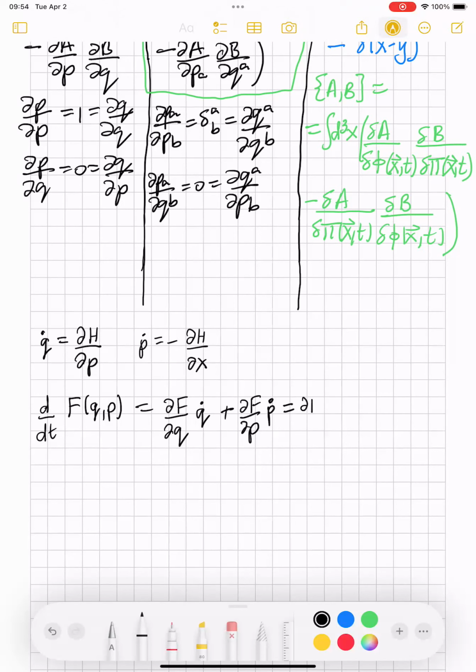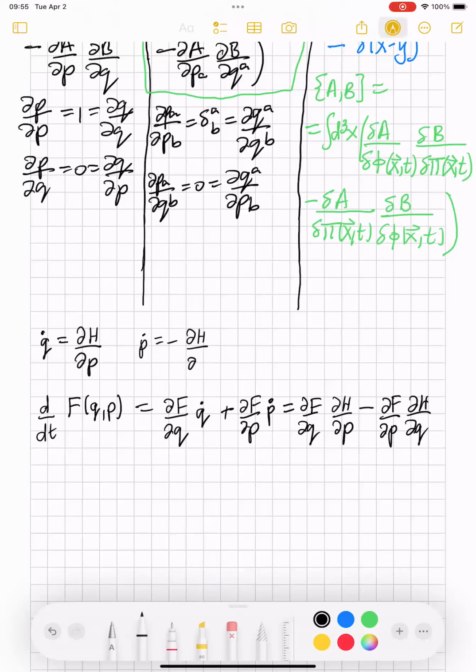So this becomes df/dq, and then q dot is dH/dp. And now we're going to plug in p dot, which is negative, so I'm going to put the minus sign there already. We have df/dp, and then we've got dH/dq. Okay, sorry, shouldn't have written an x there, mixing up notations.